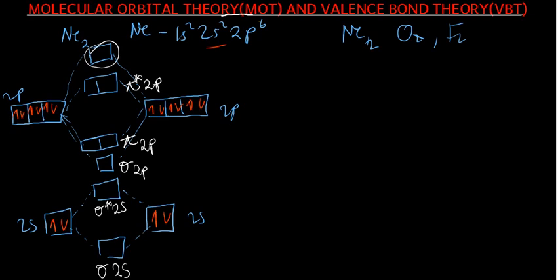This one is a single one, so it will be called a sigma. And then it is higher in energy, so we are going to put a star. It is formed from the 2p overlap, so we put a 2p. So it is a sigma star 2p. Are we fine?